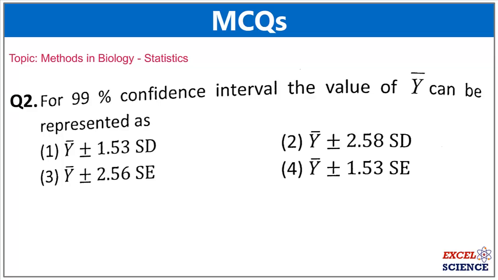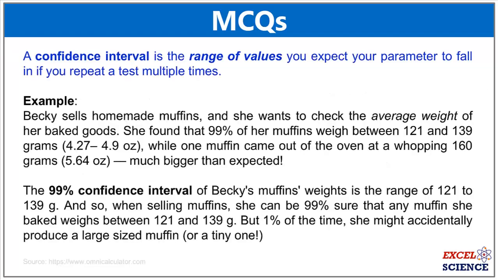For the 99% confidence interval, the value of y bar can be represented as follows. A confidence interval is the range of values you expect your parameter to fall in if you repeat a test multiple times. For example, Becky sells homemade muffins and she wants to check the average weight of her baked goods.